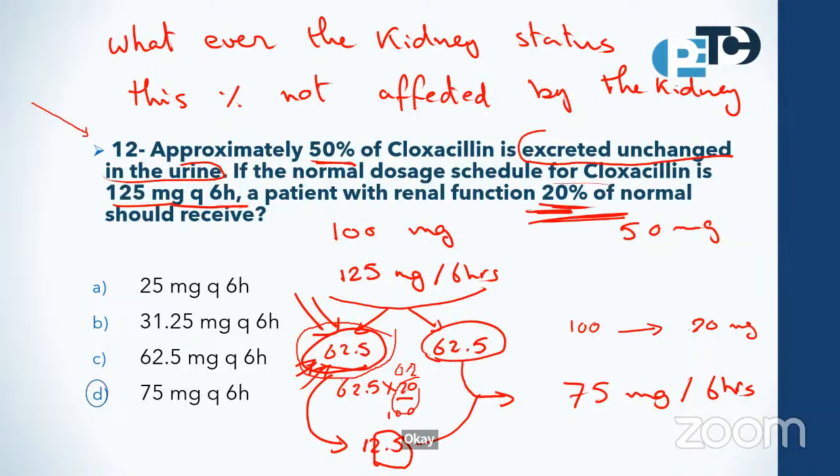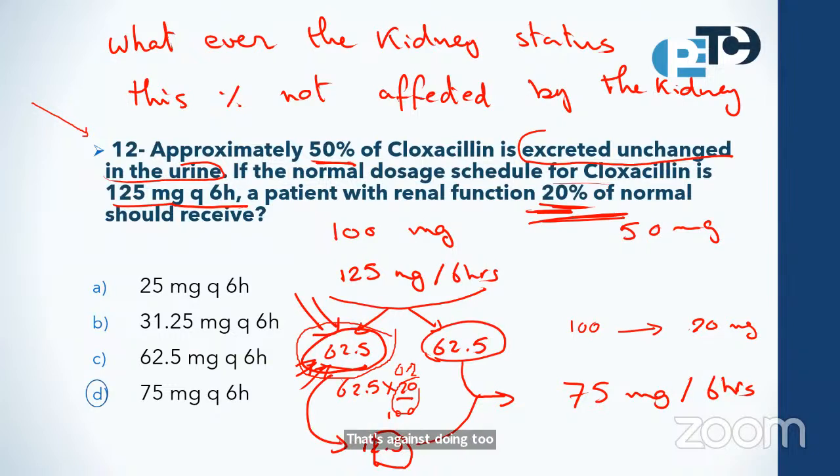Excuse me, sir. Please, I have a question. Why did you not go ahead to find the percentage from the total quantity of cloxacillin, which is 125 milligrams? Why don't we do 20% of 125 milligrams as against doing 20% of 62.5?